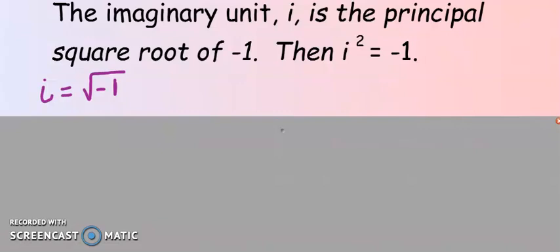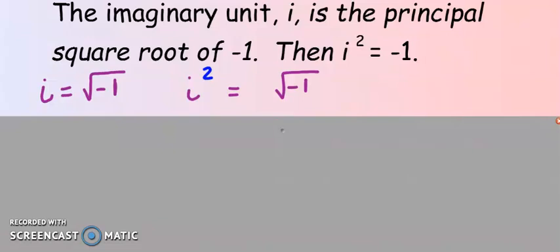Now, one thing you would see here, it says if i is the square root of -1, then i squared equals -1. And you probably are like, oh, I don't understand, what? So let's just do this part. What happens if you square i?